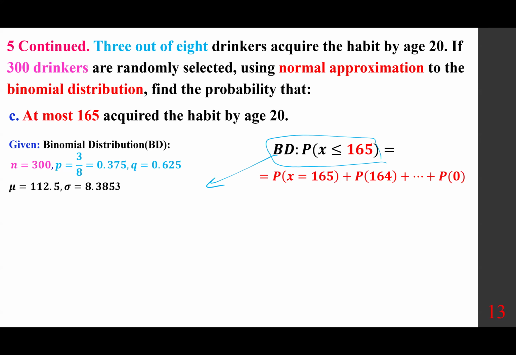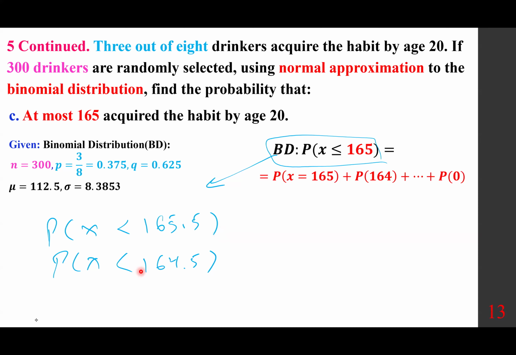Let me write that. Probability of x less than, it doesn't matter if you put equal or not for normal distribution, 165.5, or probability of x less than 164.5. Remember, we either have to subtract or add 0.5. When you have less than or equal, you have it.